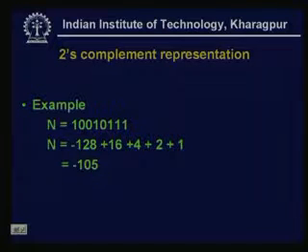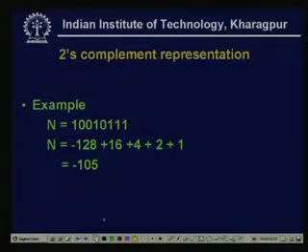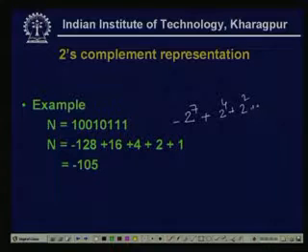The first bit is minus 2 to the power 7, which is minus 128, and the rest are plus 2 to the power 4 plus 2 to the power 2 plus 2 to the power 1 plus 2 to the power 0.